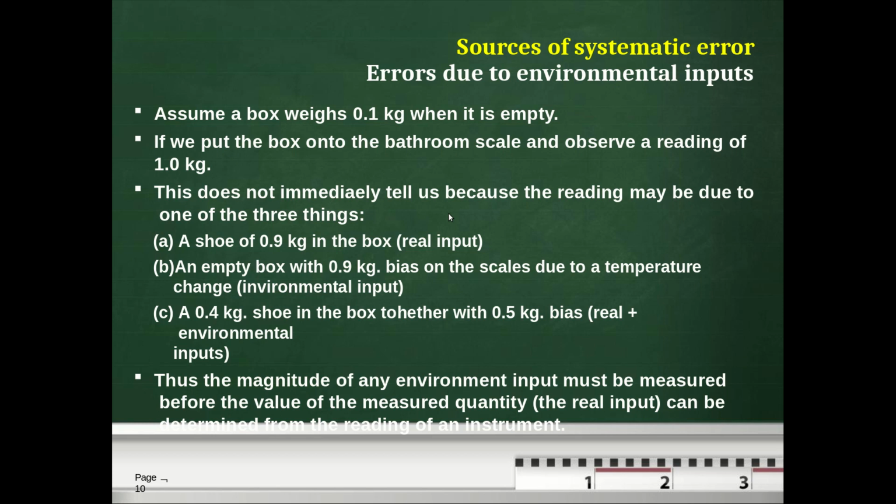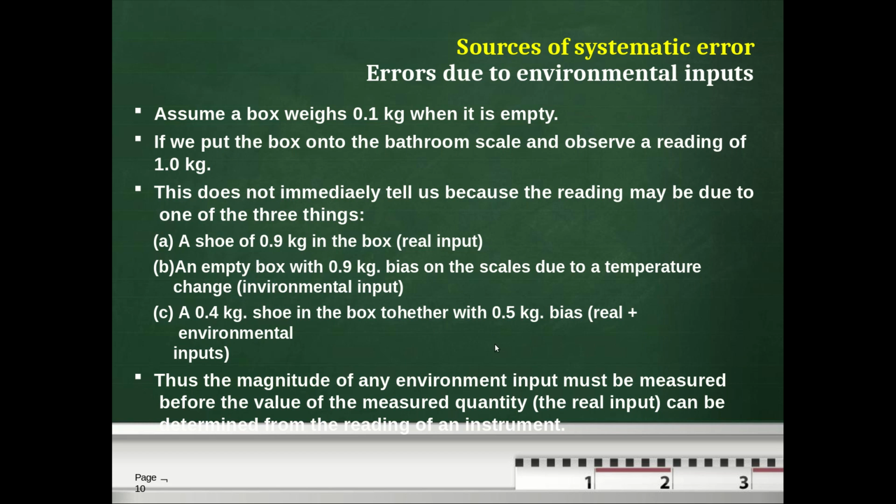This may be a true value of 0.9 inside the box, an empty box with 0.9 bias on the scales due to the temperature change, or 0.4 of the true and 0.5 of the bias. Okay, so real value plus the environment value.